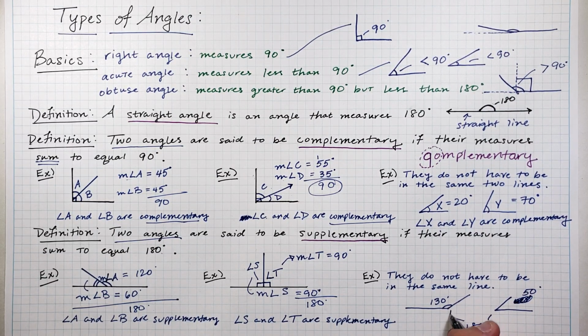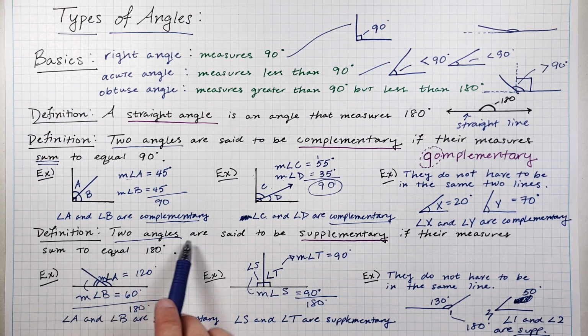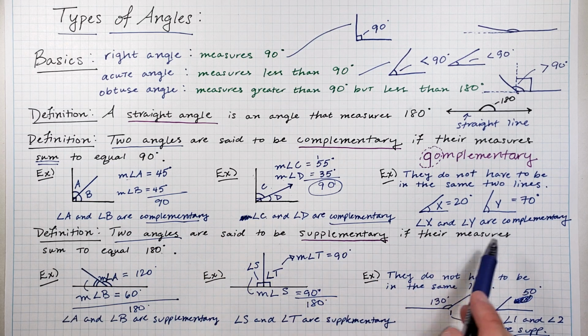So we could just call this angle 1, angle 2. And then we can say angle 1 and angle 2 are supp. I'm just going to write S-U-P-P for supplementary. I'm going to abbreviate it. So angle 1 and angle 2 are supplementary because you get 130 plus 50, which is 180, and two angles are said to be supplementary if their measures sum to equal 180 degrees.